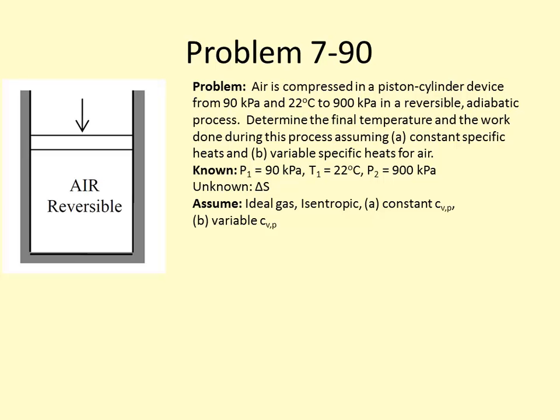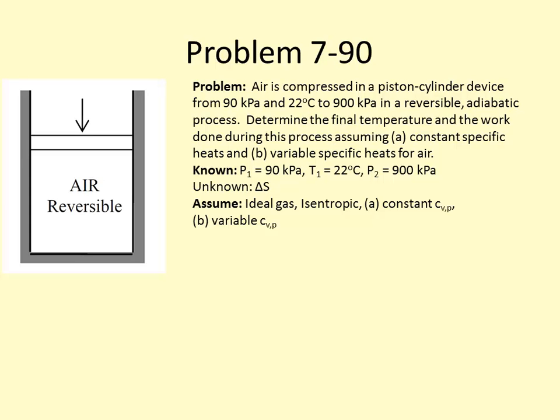Okay, so again, T1 is 295. So if we look in the table, PR1 is 1.3068, and U1 is 210.49 kilojoules per kilogram. That's table A17 for air.